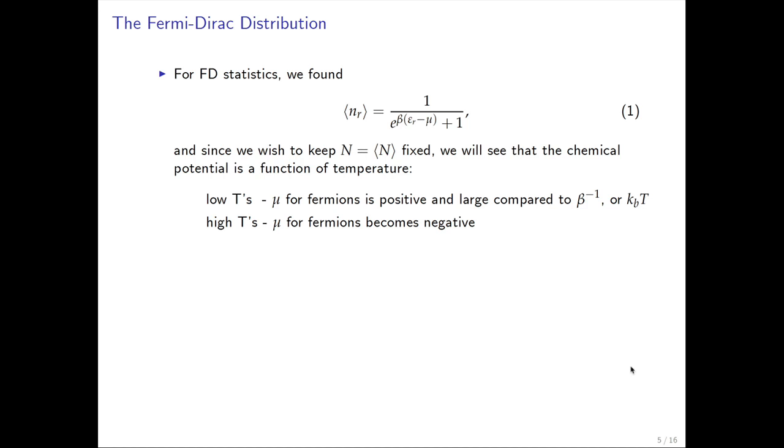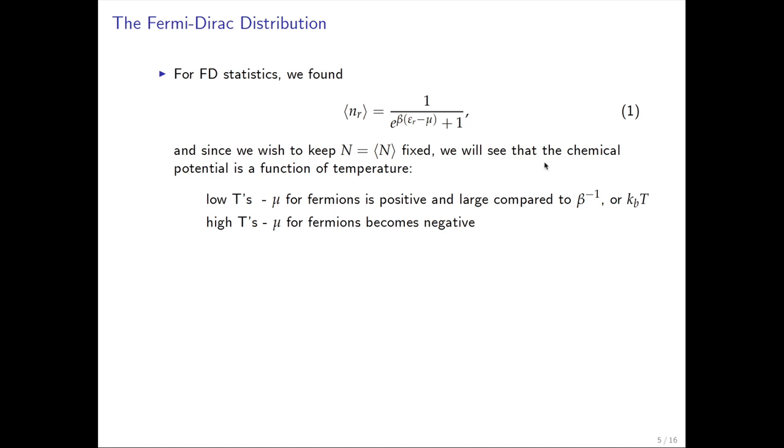So we found the mean occupation number is equal to 1 over e to the beta (epsilon minus mu) plus 1. As I said at the beginning of the lecture, we want to keep the mean total number of particles, which we'll be a little sloppy and call N from now on, understanding that we're working with the grand canonical ensemble, and at the end the fluctuations in this are very, very small, so we'll just call it N. We want to keep that fixed, and we'll see that in order to do that, we'll have to adjust the chemical potential, or rather the chemical potential will be a function of temperature.